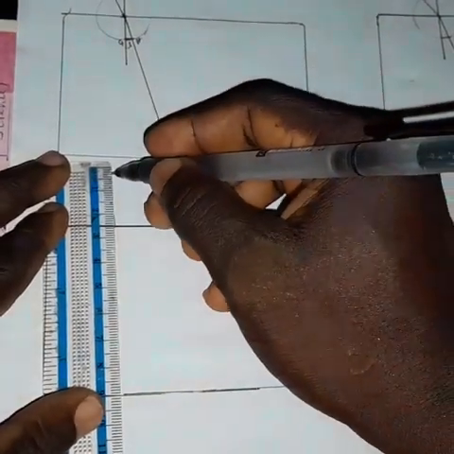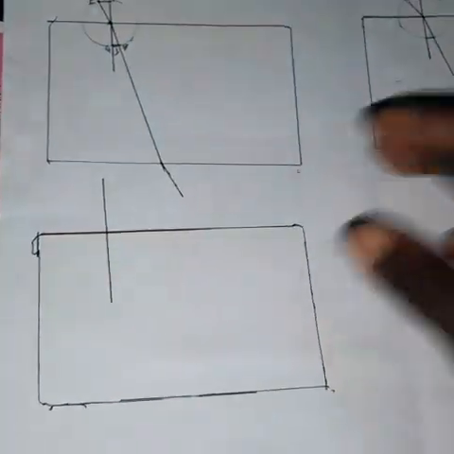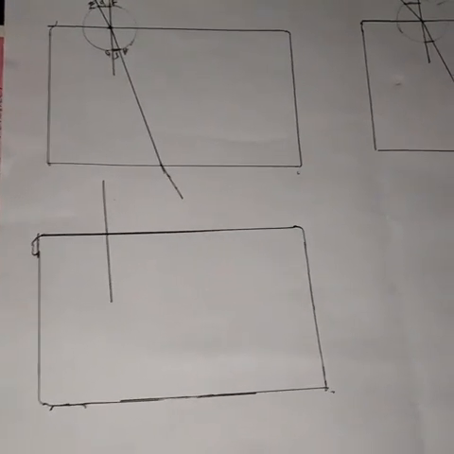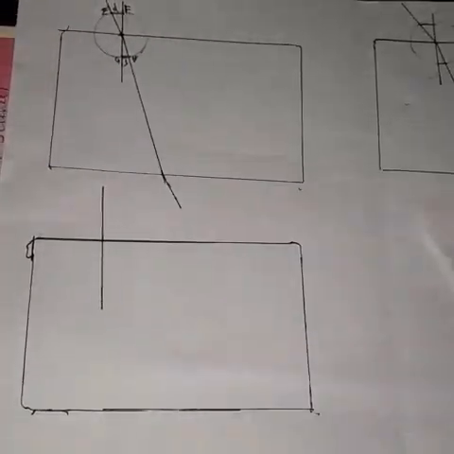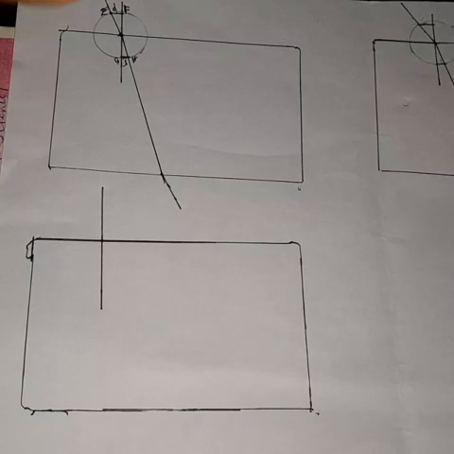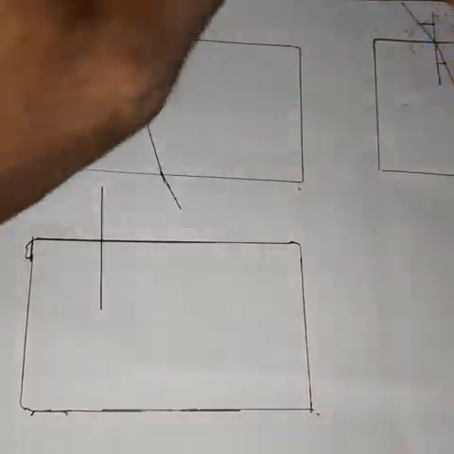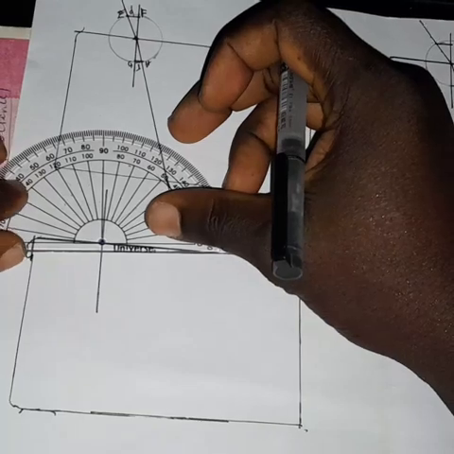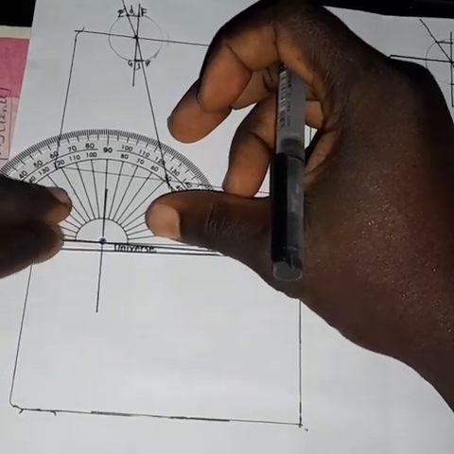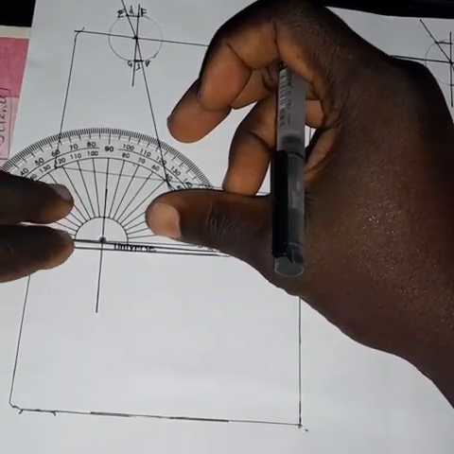That will give you 90 degrees. Okay, so the next angle to measure is 45 degrees. So I'm going to place it on this again. So this is 90.